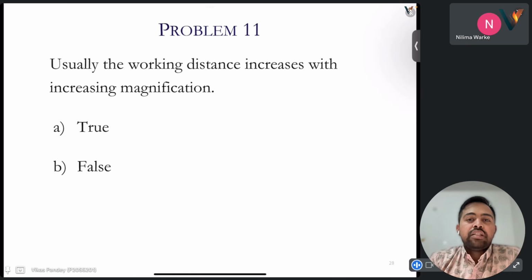Usually, the working distance increases with increasing magnification. Is it true or false? So, what is the working distance of a microscope?